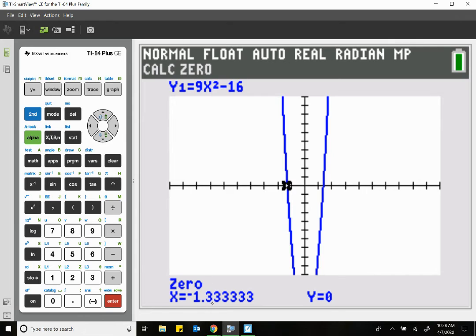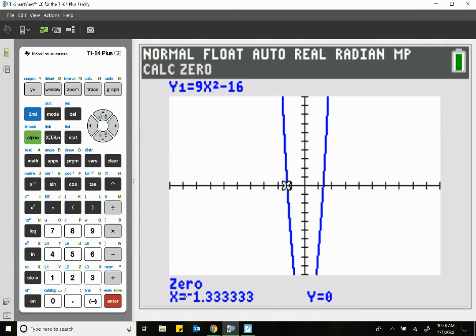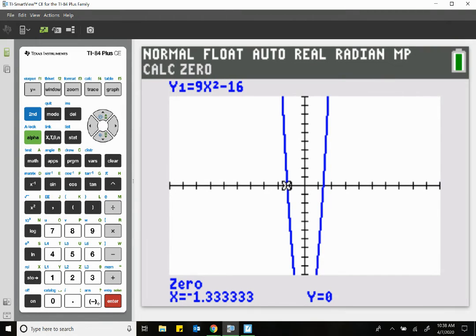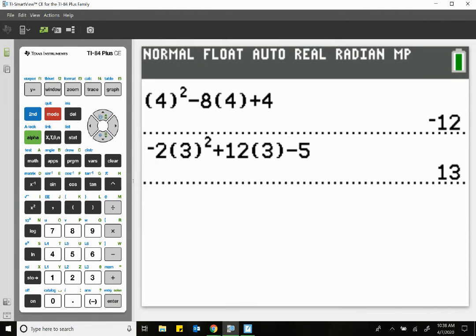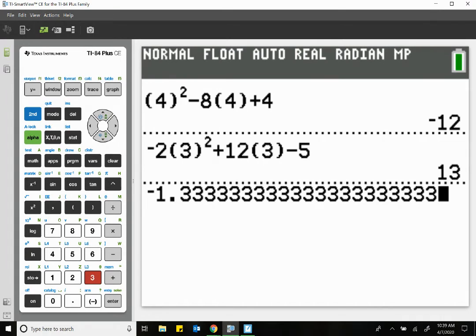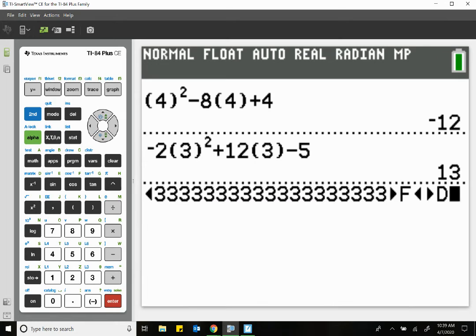Negative 1 1/3, or in other words, negative 4/3. Let your calculator turn this back into the fraction for you. Hit quit. We can go out here, put negative 1.3, and put in lots and lots of 3s. See, that's a lot of 3s. Then go up and do your alpha y equals, go to number 4, and it will turn that into the fraction for you.